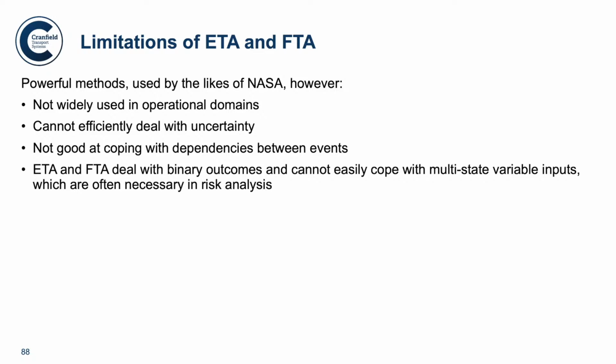And of course, when we're talking about things with a human input or a very complex system, then we do tend to have multi-state variable inputs. There's a lot of uncertainty there. And so in those cases, maybe ETA and FTA aren't the best methods to use. However, they are rigorous and they are used widely, as I've said, so definitely something to consider.